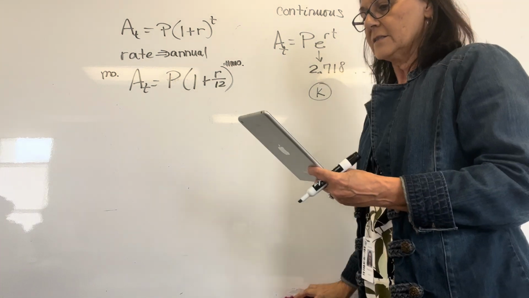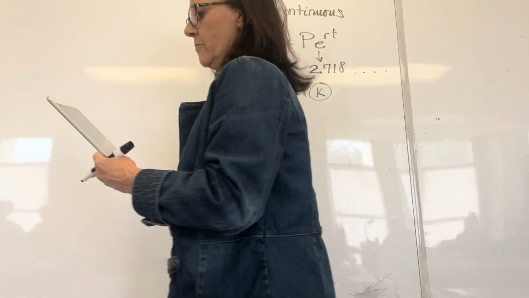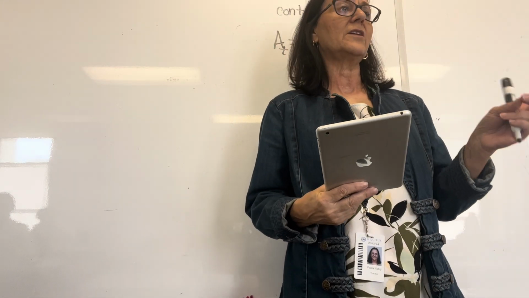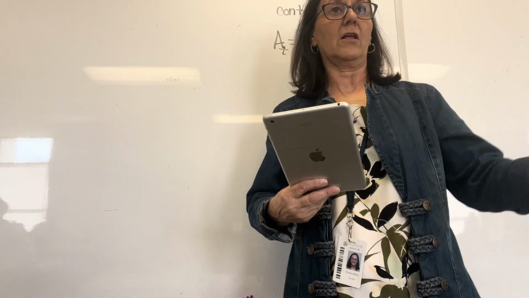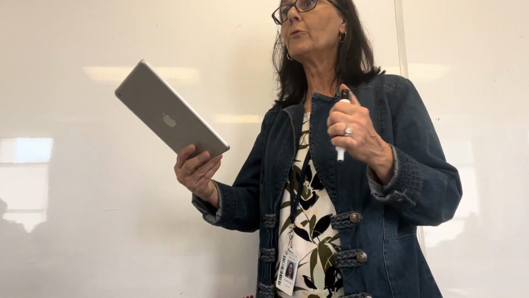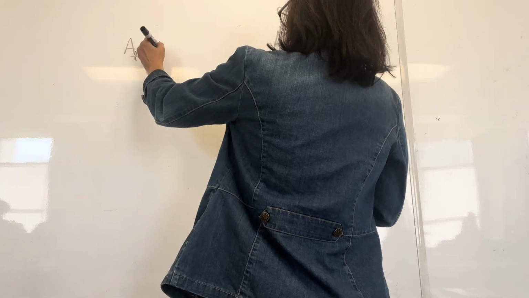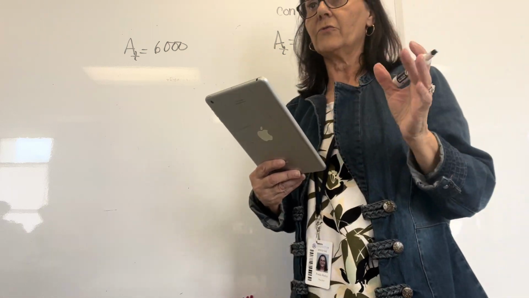All right, let's look at example 1, compounding annually. This one's easy. We're just going to run through these. If you invest $6,000, what does the $6,000 represent in the formula? That's the principal, right? At 8% interest, that's the rate.